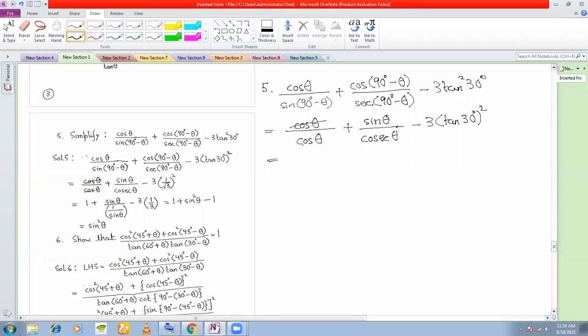Now see here, cos and cos cancel. 1 plus. Now you have sine theta by cosec theta. So you change cosec theta to 1 by sine. Minus 3 tan 30 from the table of standard values. You know tan 30 is 1 by root 3.